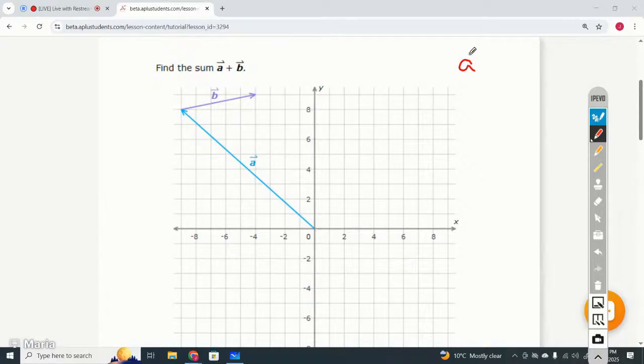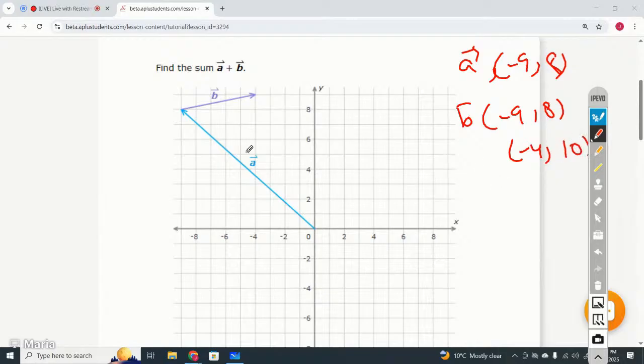The terminal is at -9 and 8. Okay, for the vector B, the initial point is at -9 and 8, and the terminal point is at -4 and 9.